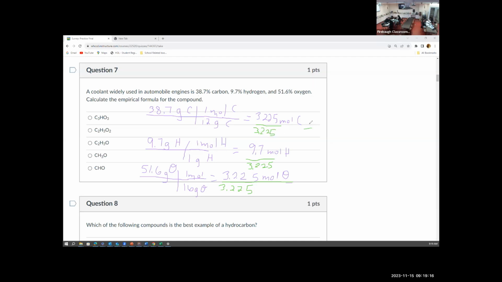So then we end up with 1 carbon, 3 hydrogens, and 1 oxygen. So then my formula should be CH3O. Okay, so everybody got a point for that. That's good.